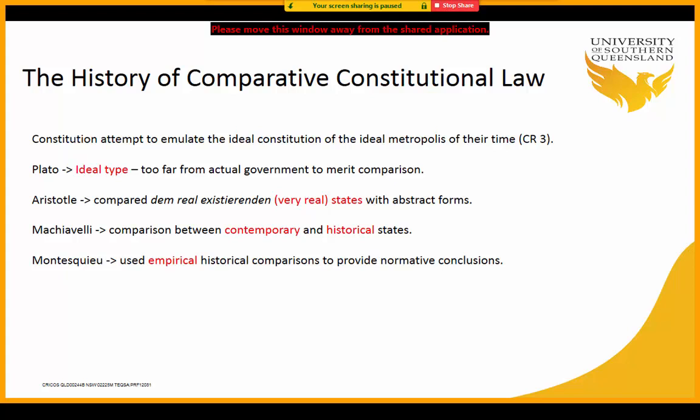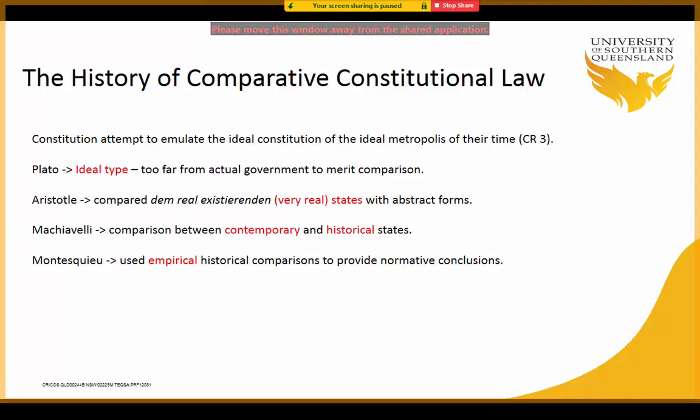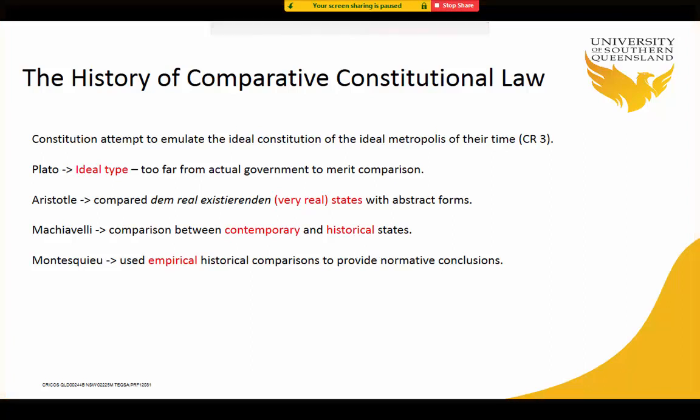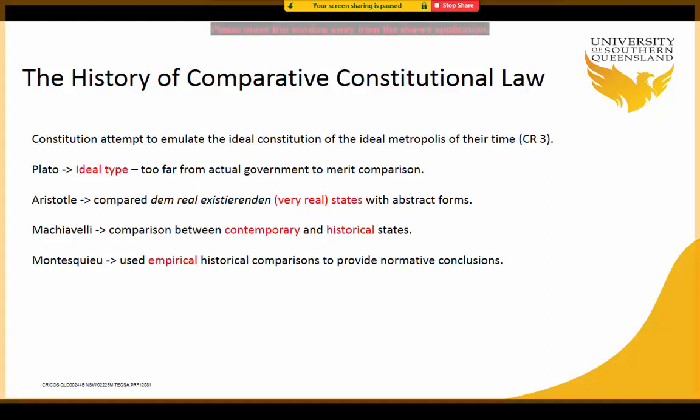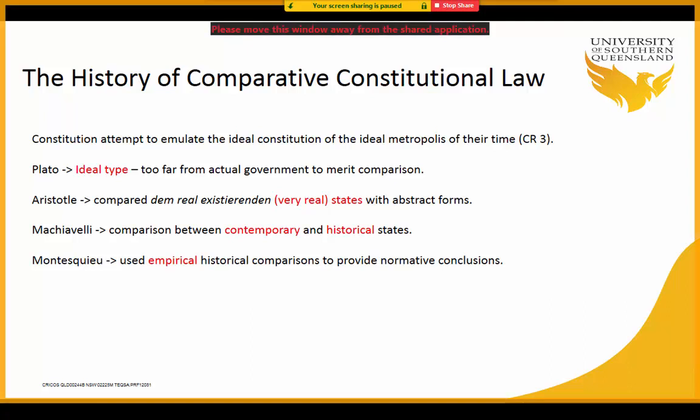You could, okay? So you'd be able to sort of structure a model, and I usually sometimes do so. You would actually create a model and then test whatever features you're looking at in the constitutions you are studying against that model. Okay? But Plato started with this idea of ideal type. Then Aristotle came and compared real states with abstract forms.